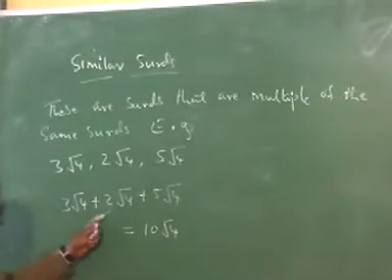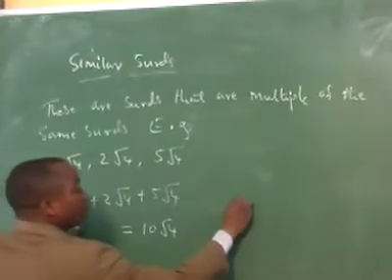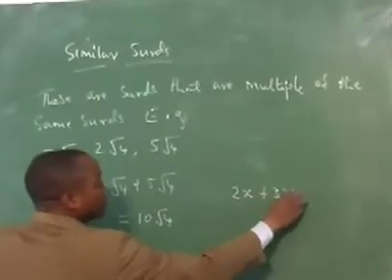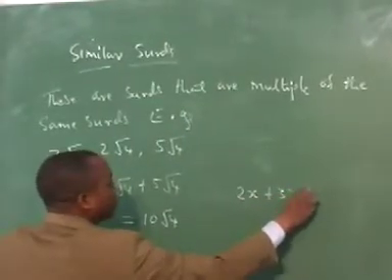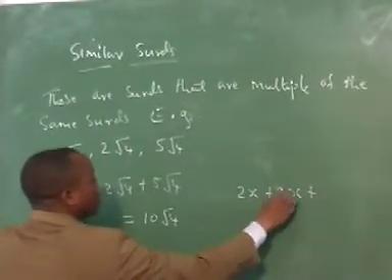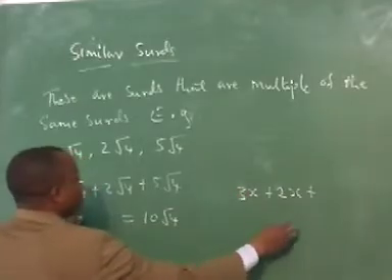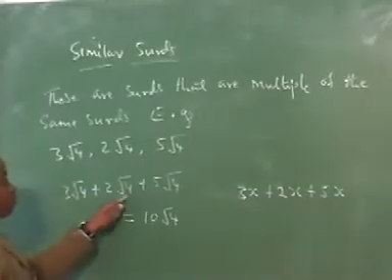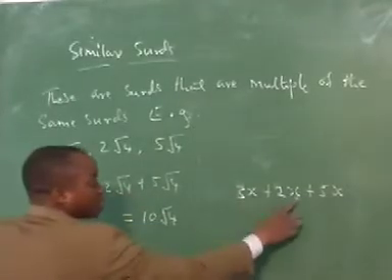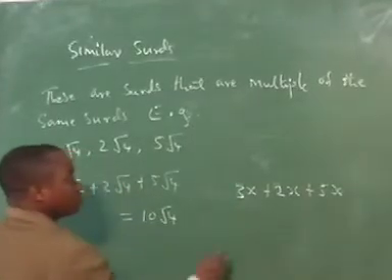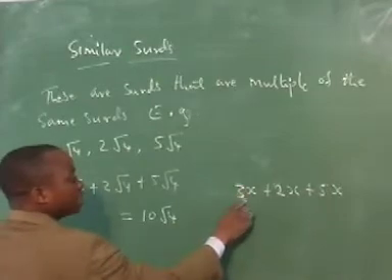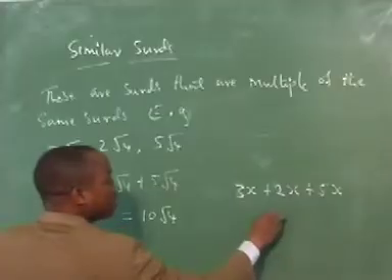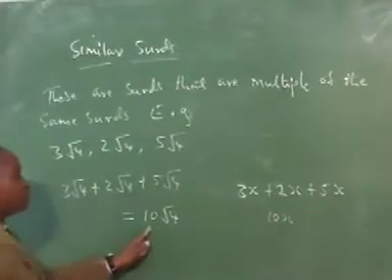What this means is that it's just like having 2x plus 3x plus, let me change it to be in unison with this, 5x. So look at this root 4, root 4, root 4 as x, x, x. You add this to this, and you get 5. You add it to this, you get 10x. So that is how it is.